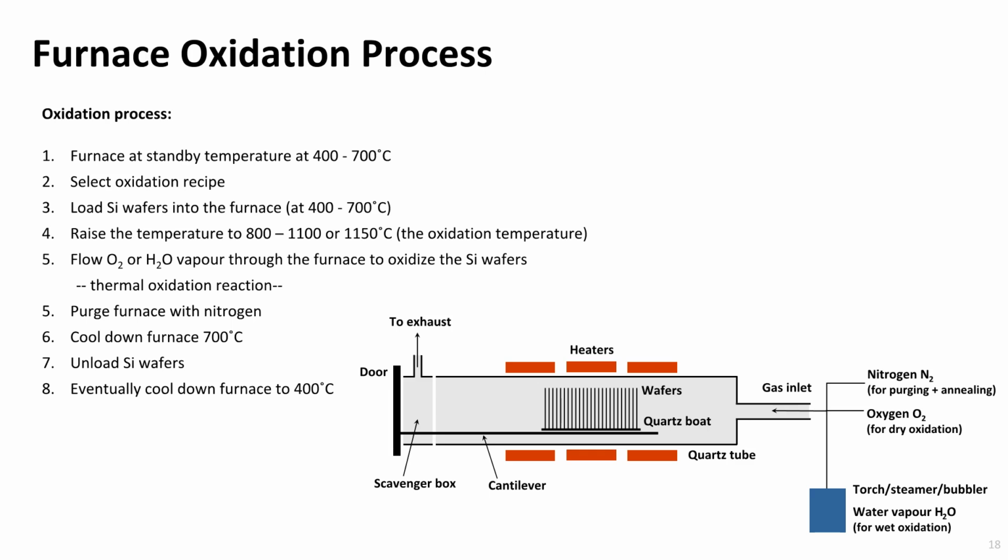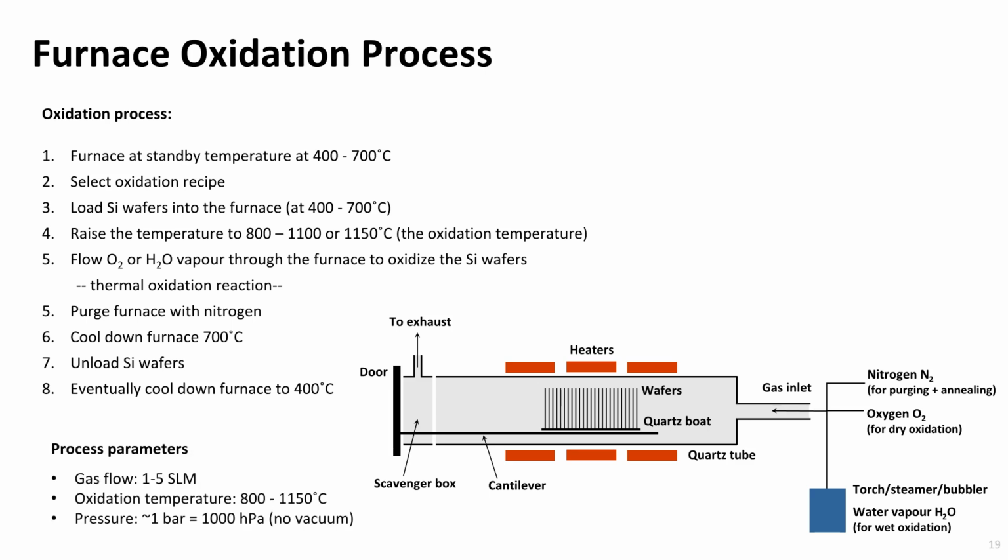An annealing time of 20 minutes is standard, but users are allowed to change the time. The annealing is done at the same temperature as the oxidation. Finally, the furnace will be cooled down to 700 degrees, and the wafers are unloaded. Some furnaces can be cooled down to a standby temperature of 400 degrees to save energy.